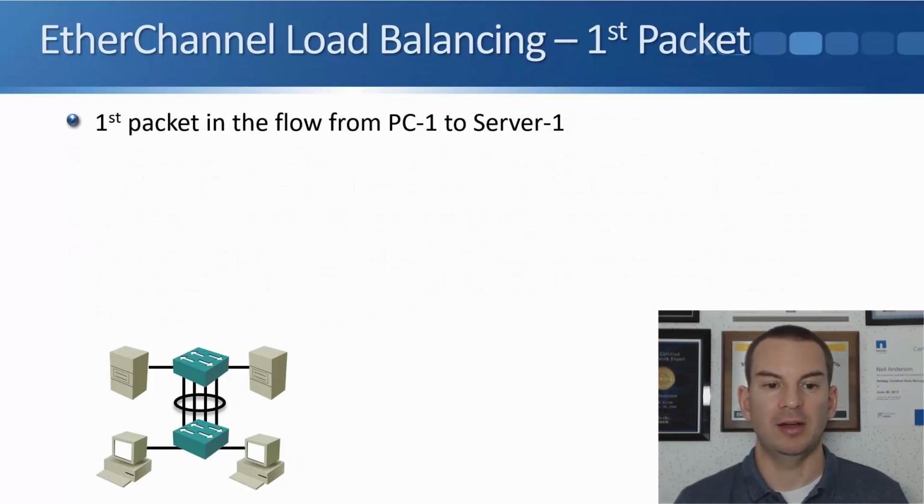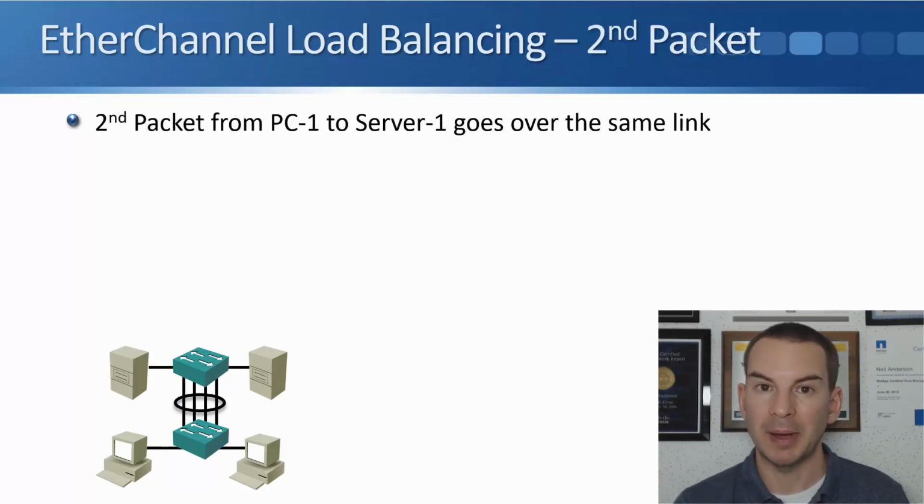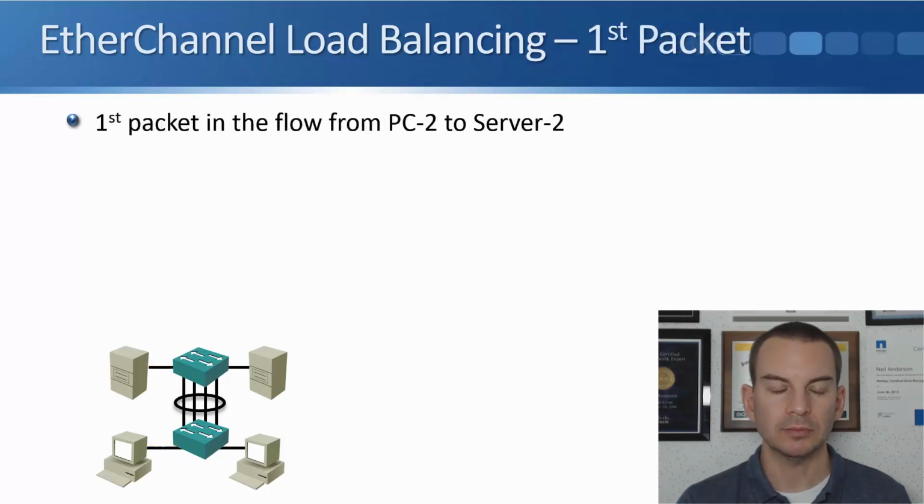So looking at that with an animation, the first packet in the flow from PC1 to server 1 hits the first switch. The switch decides which interface it's going to load balance it over. It chooses gig 0/1 in our example, and then that goes to the server. The next packet in the flow will also go over the same interface. So it comes into the switch, it load balances it to the same interface again, and then it goes up to the server.